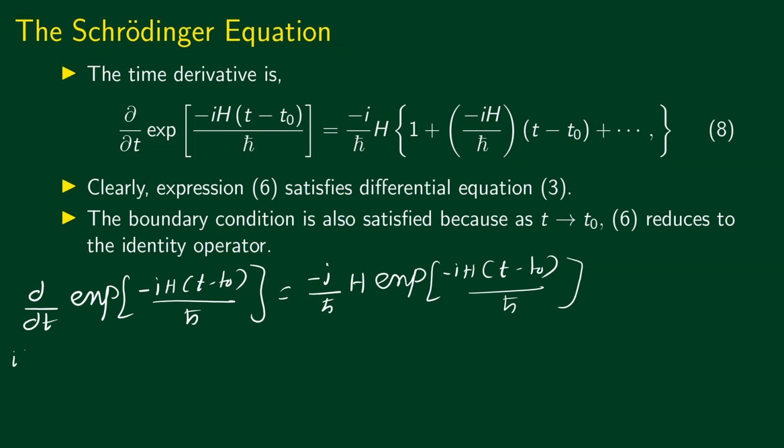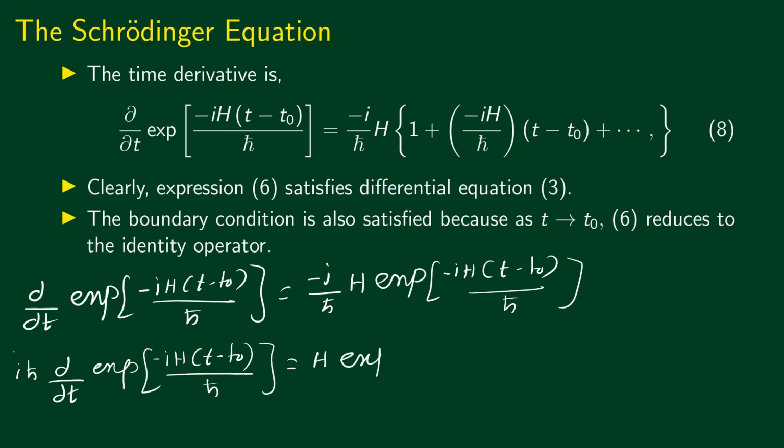You can now multiply by iħ on both sides, and we get iħ times the partial time derivative of exponential minus iH(t − t0)/ħ. Multiplying iħ here, i multiplied by minus i is 1 and ħ cancels, so we have H, the Hamiltonian, multiplied by exponential minus iH(t − t0)/ħ. This is exactly the differential equation, the Schrödinger equation, obeyed by the time evolution operator, the time development operator.